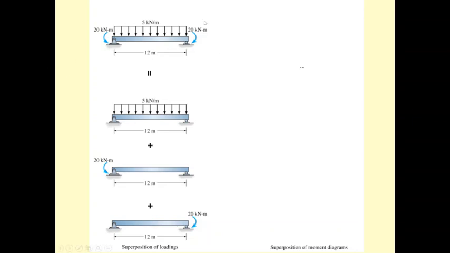Consider the top beam. This beam is subjected to a 20 kilonewton meter moment on the left and a 20 kilonewton meter moment on the right, and also a 5 kilonewton per meter uniformly distributed load.